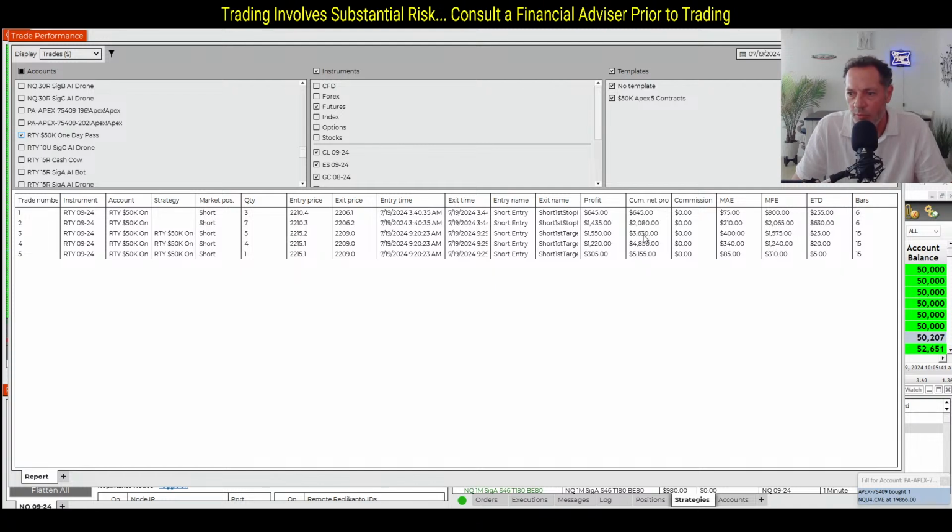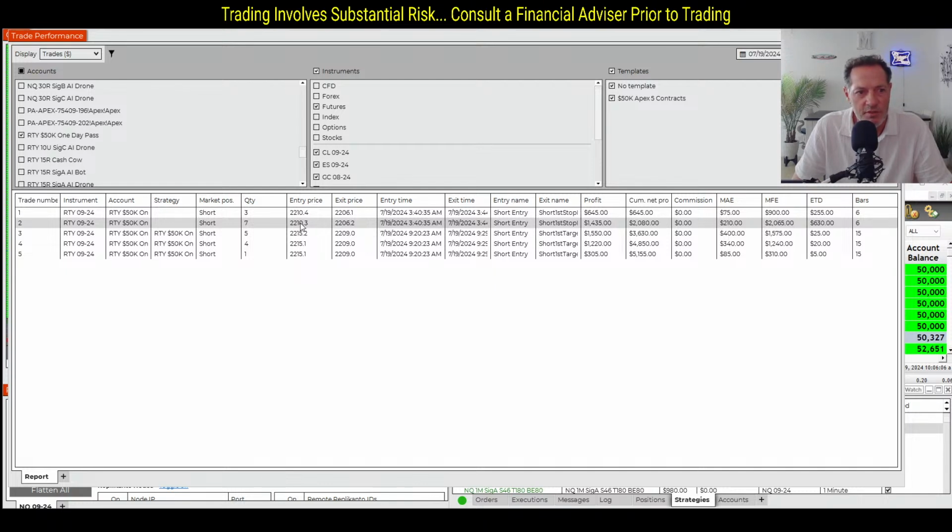So this is the RTY today. It jumped in early. Remember, we have that one time in there. So it jumped in at 340 this morning. My entry price was 2210.4. And again, we buy 10 contracts. So 3 of them were filled at 2010.4. 7 of them were filled at 2010.3.